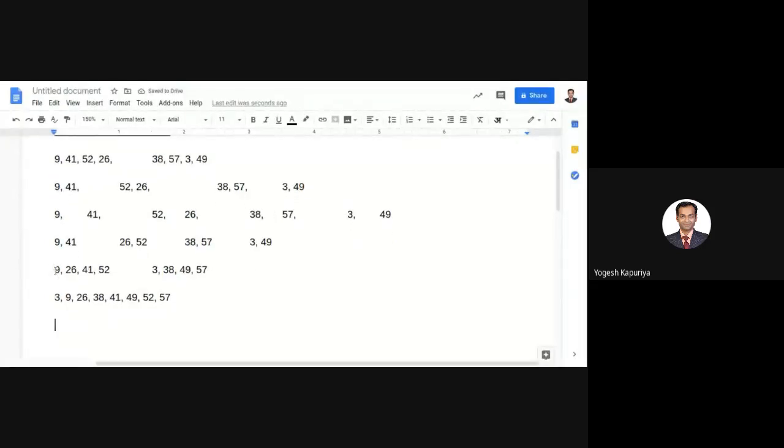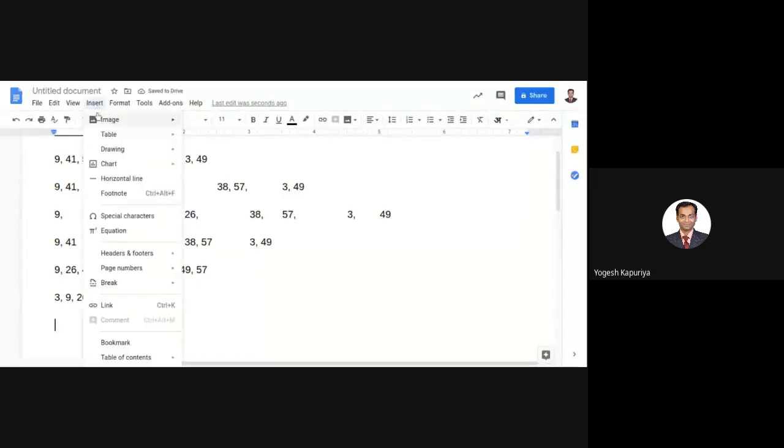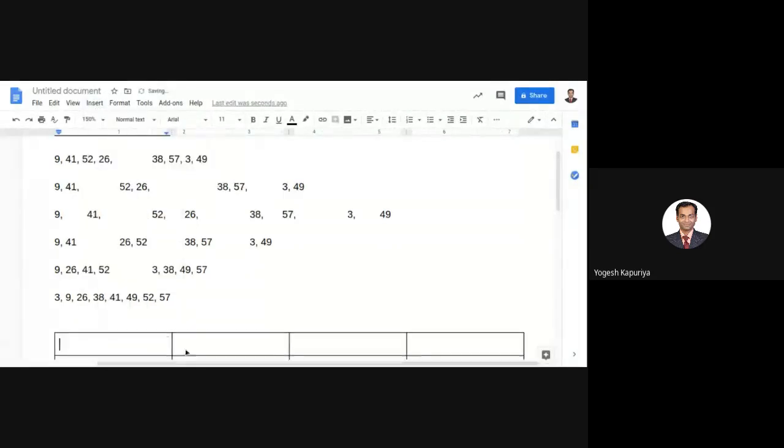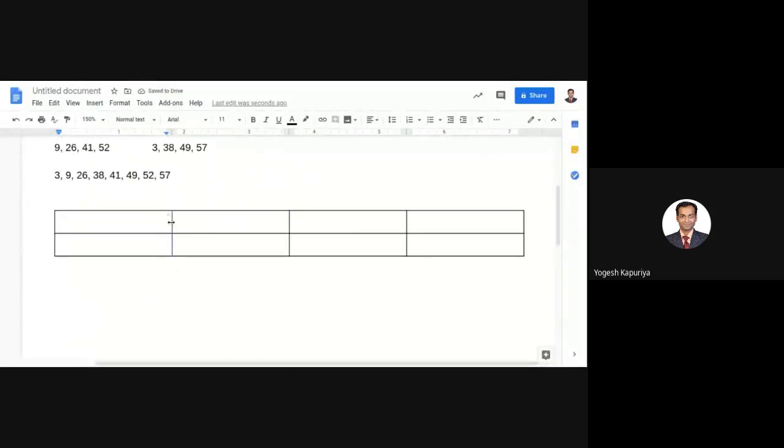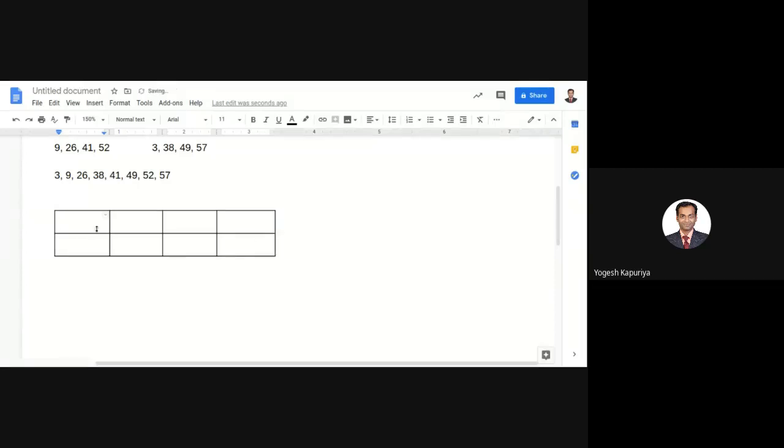When we are doing the merging, you have 9, 26, 41, and 52.